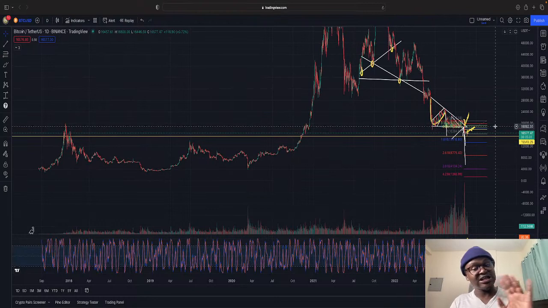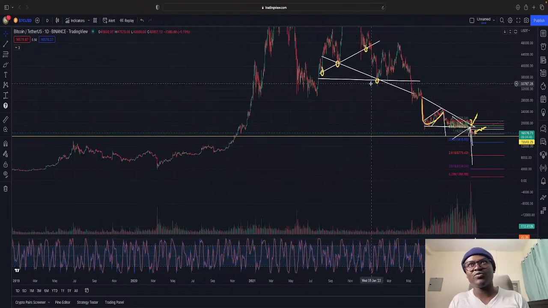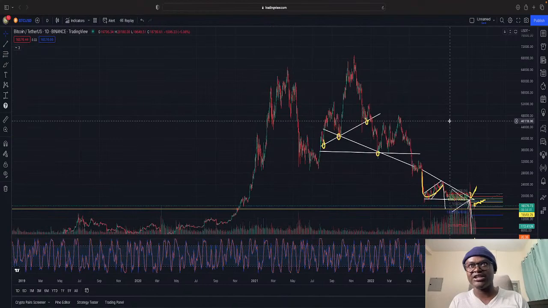So we're not taking that out of the plate. We just want to be very clear. We don't want to take something into consideration because we want it. We want to take what the charts are telling us. We are not looking at what we think, we are looking at what we see.